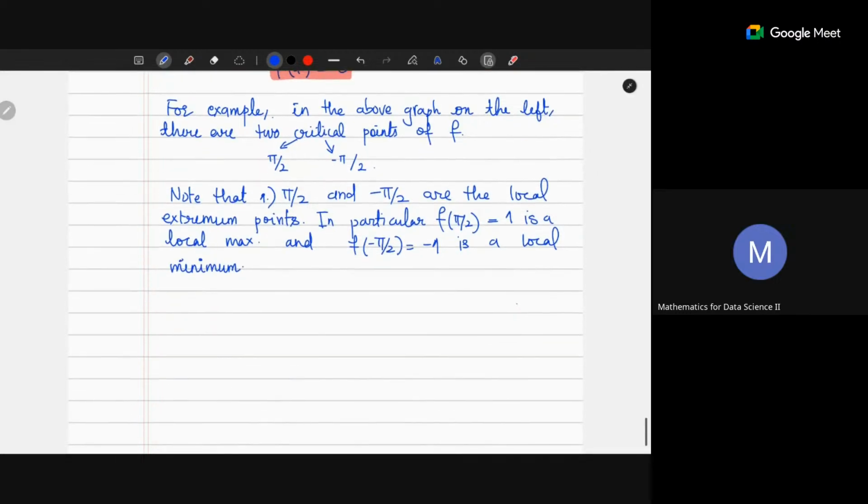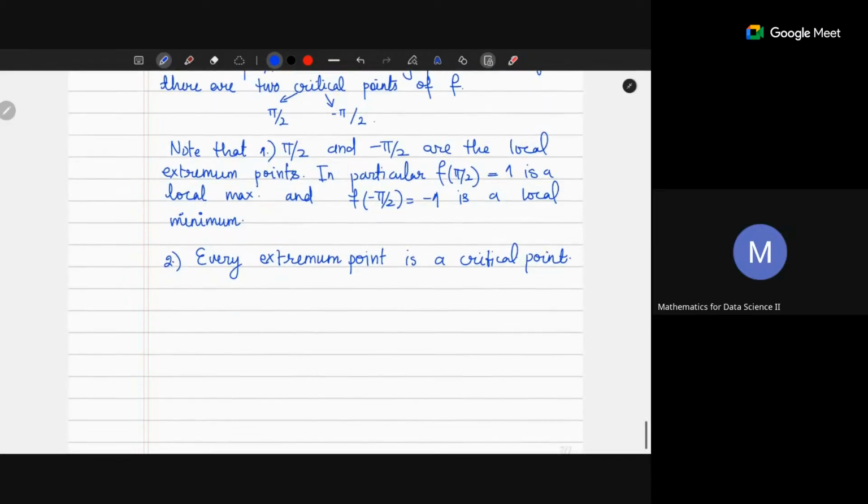The second point to note is that every extremum point is a critical point.